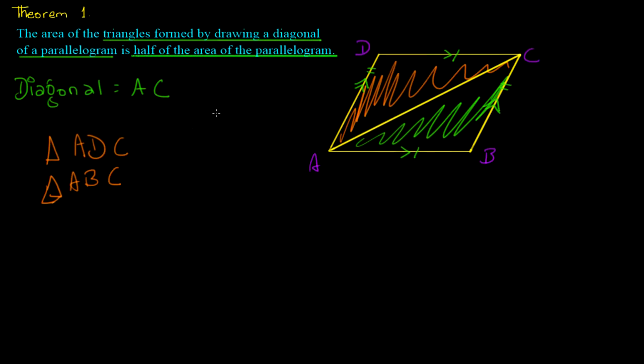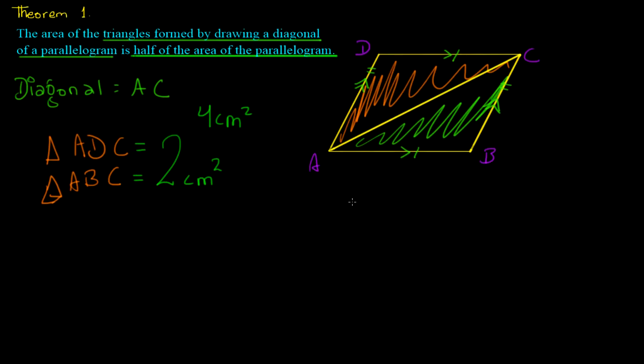Okay, so if the area of the parallelogram is 4 centimeters square, then the area of the triangle ADC equals the area of the triangle ABC, which equals 2 centimeters square. So that's basically what the theorem 1 says, and we are not going to go directly into proving it, but first we are going to get some ideas on how to prove this.